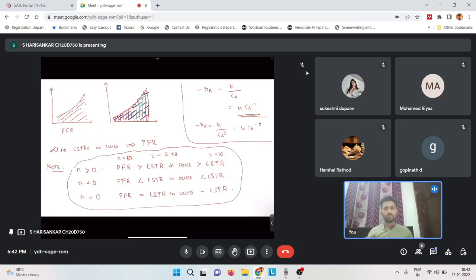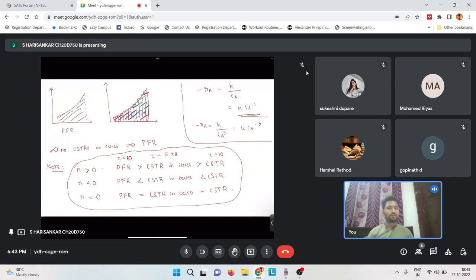You'll be given three options, and the question will be like: you have a first order reaction, which reactor is the best, or sort these reactors in order of conversion. If you are given a first order reaction and asked which of these reactors gives the best conversion, then PFR is the answer.